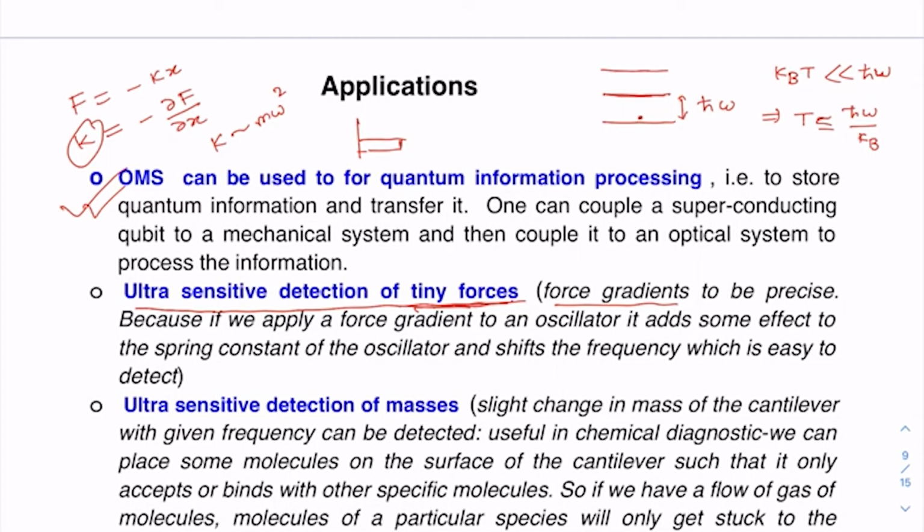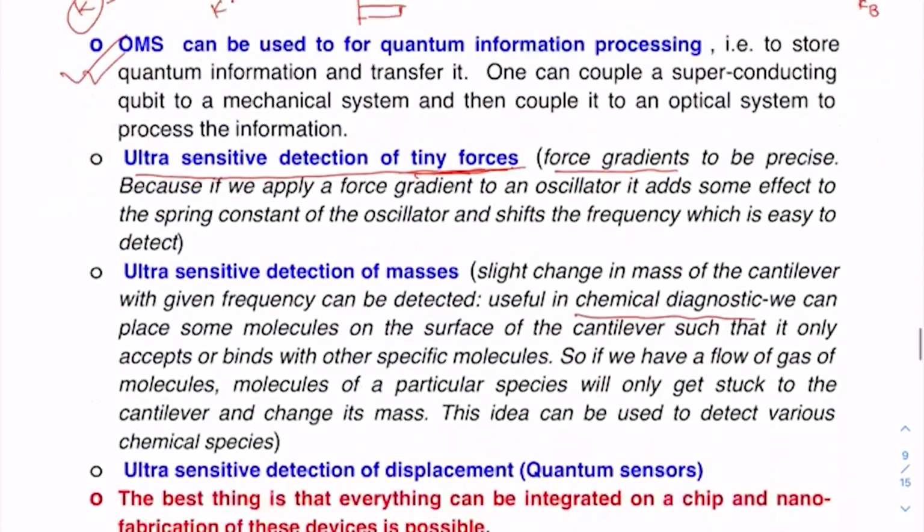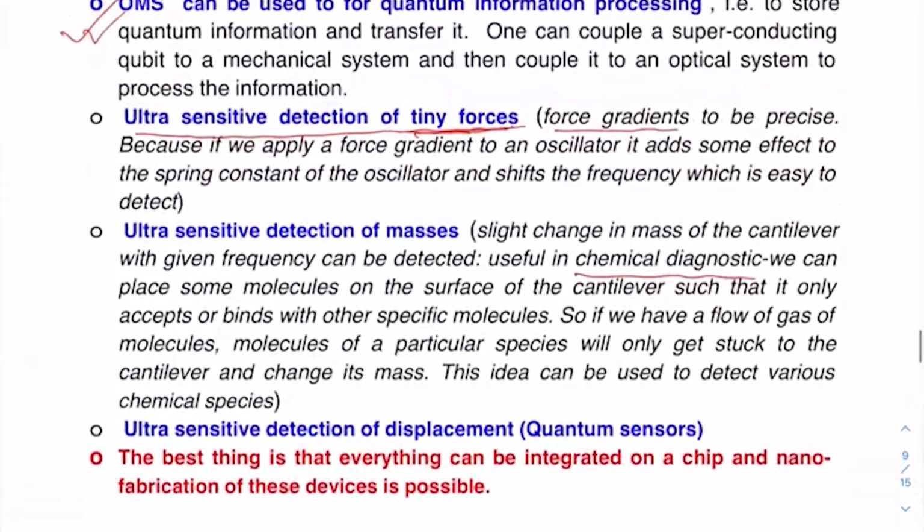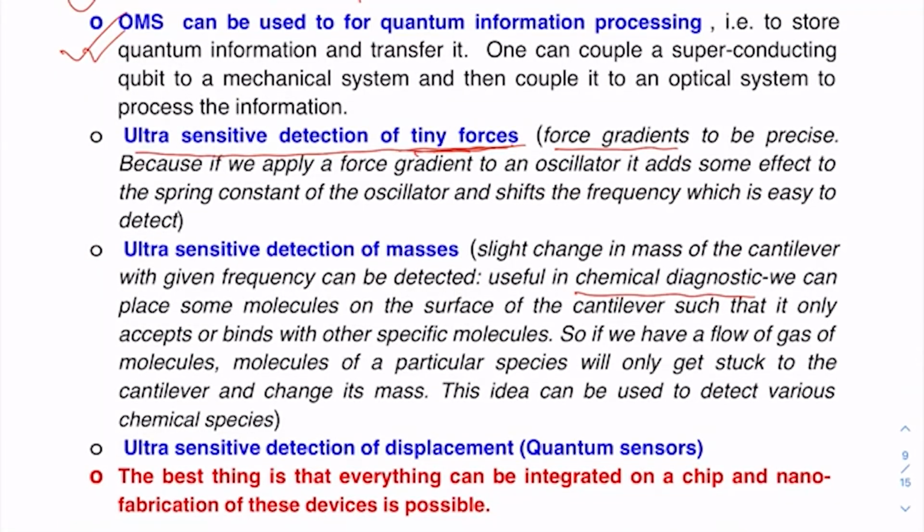In fact, for that you need not cool the mechanical oscillator to the ground state. This kind of applications are already in place in chemical diagnostics. And ultra sensitive detection of displacement is also another very important application.